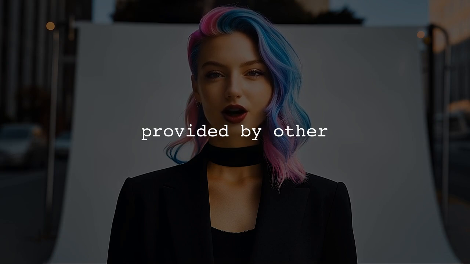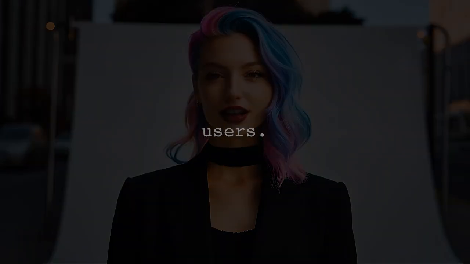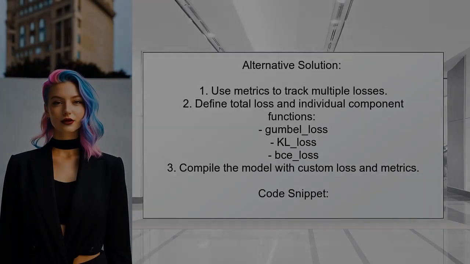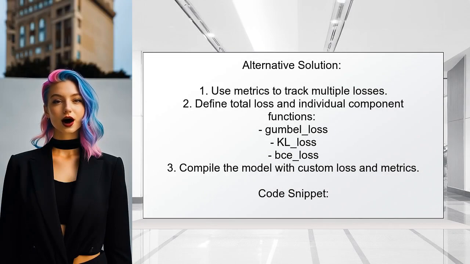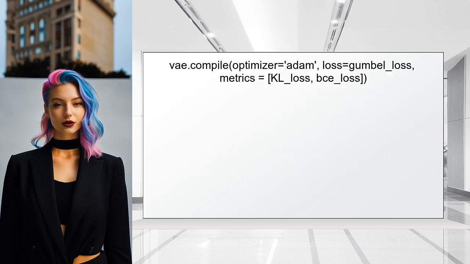Now, let's look at the answers provided by other users. An alternative approach shared by a user involves using metrics to track multiple losses in a variational autoencoder implemented in Keras. They set up the model with a custom loss function that combines the total loss with individual components.